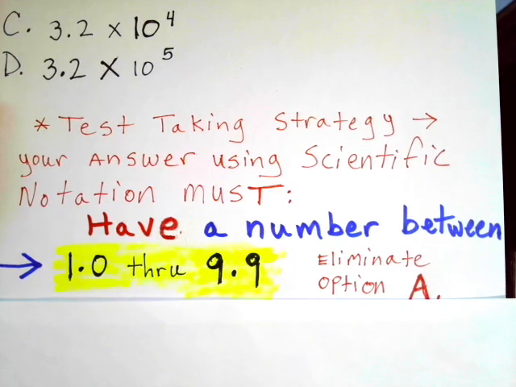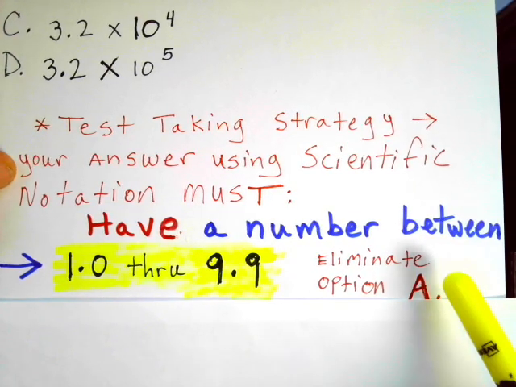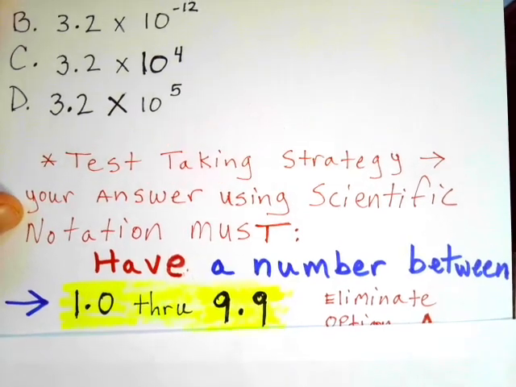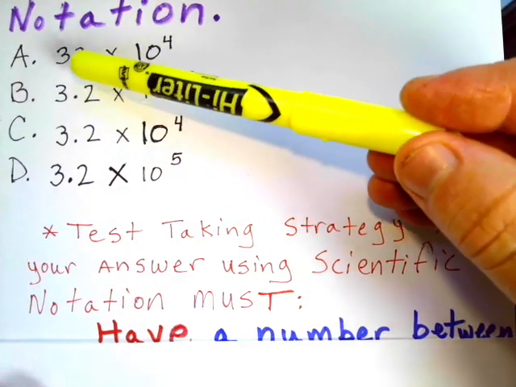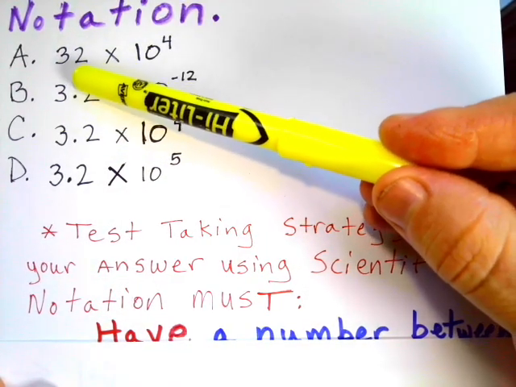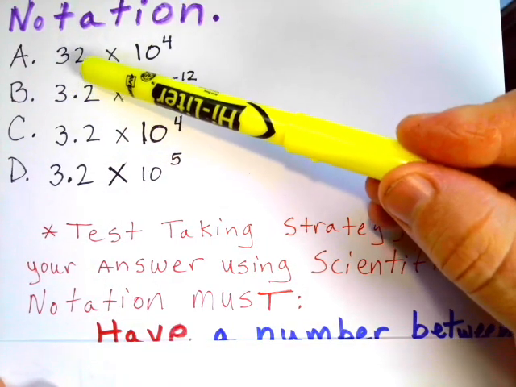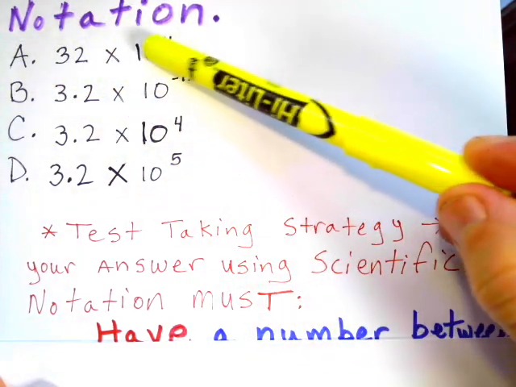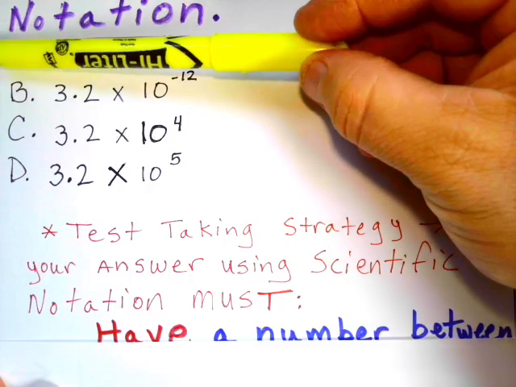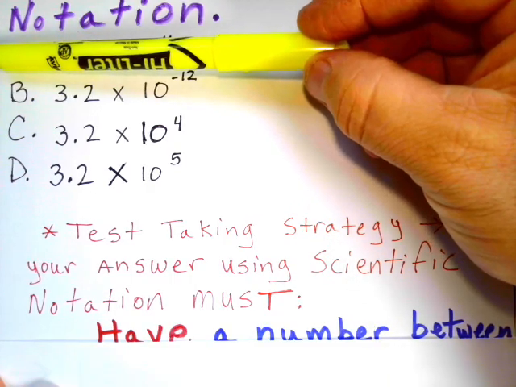So let's take a look at option A. You can eliminate A because it doesn't fall between 1.0 and 9.9. Is 32 between 1 and 9.9? No. 32 is larger than 9.9. Eliminate option A. Gone.